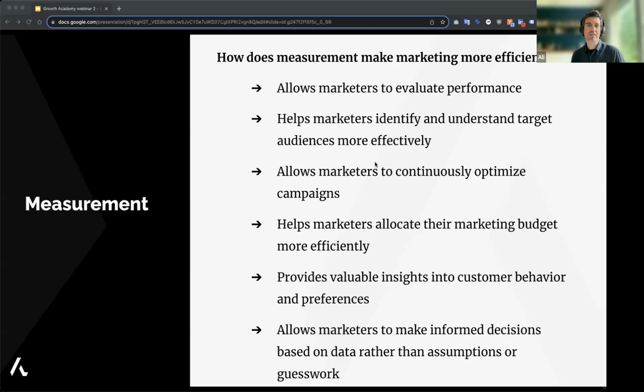It also helps us identify and understand the target audience more effectively, which means we see who is coming to our website and what they are doing, which helps us basically to tune our marketing efforts using this data towards the audience. Then, as already said, we use it to optimize our campaigns, make them more efficient, and increase the ROI.